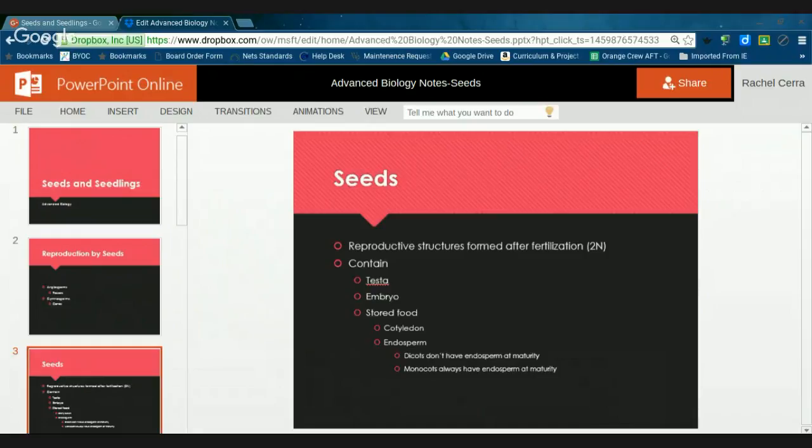The interesting thing to note about the dicots and monocots with the endosperm is at maturity, the dicots don't have an endosperm, but at maturity, monocots will have an endosperm. So interesting little fact there.